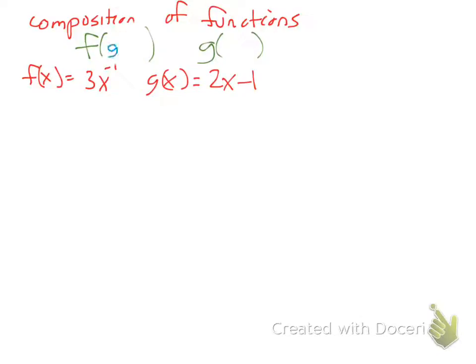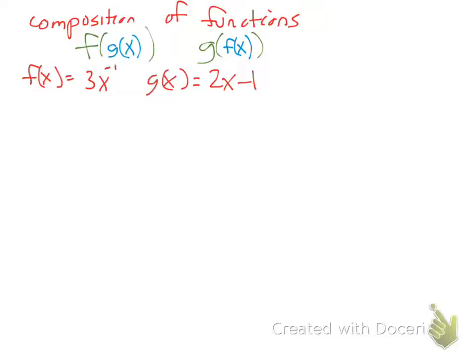This would be g of x, and this is f of x. The reason why I want to color code this is because what you're doing with composition is placing one function inside of the other. So what we're going to do is follow whatever the problem says.